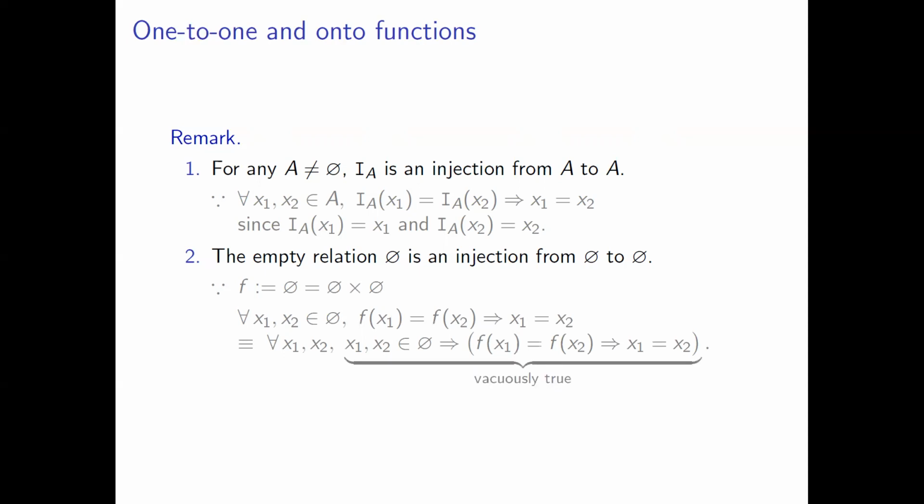The statement x1 and x2 are elements of the empty set is clearly false. So the conditional is true. This holds for any x1 and x2. Hence, the entire quantified statement is true, and the empty relation is indeed an injection from the empty set to itself.